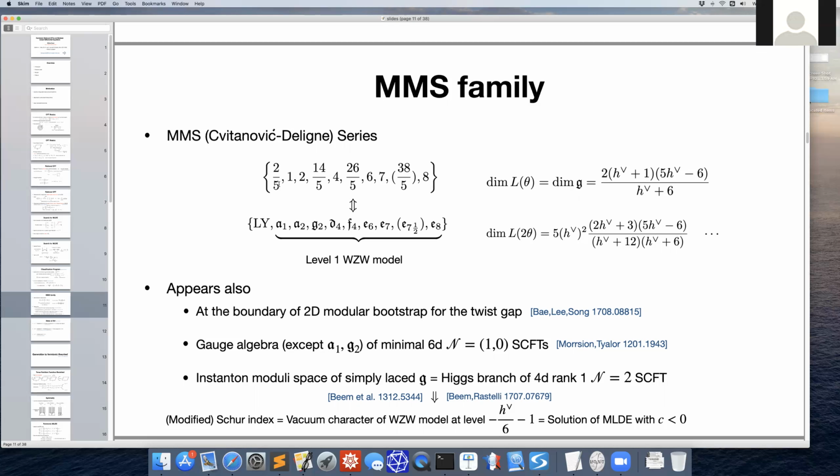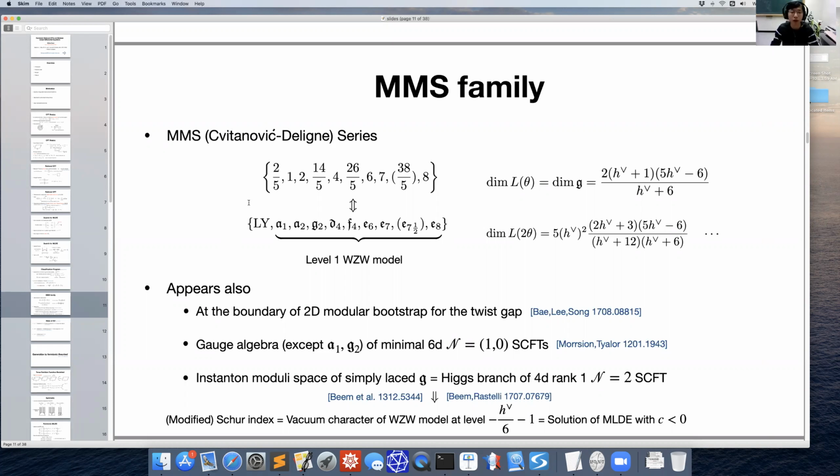What do you mean by switch? For example, if you look at chi 0 for this theory, it is q to the exponential minus c over 24. But you can regard this minus c over 24 as the character coming from the non-trivial primary of Lee-Yang. You find that they are actually the same.